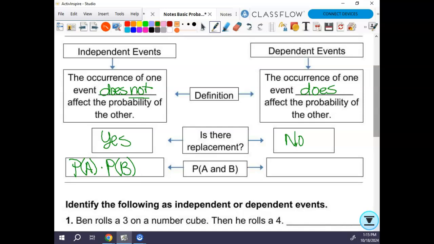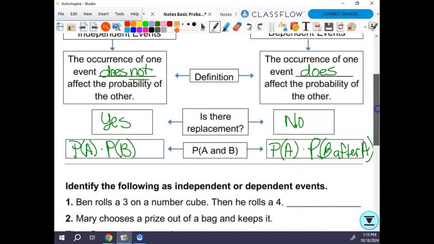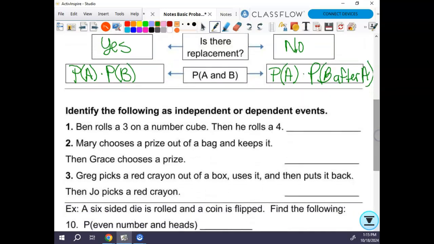If I have 10 M&Ms, the probability of drawing a red is 2 out of 10, and the probability of drawing a green is 2 out of 10, whatever it is. And then if there's no replacement, it's the probability of A times the probability of B after A happens.